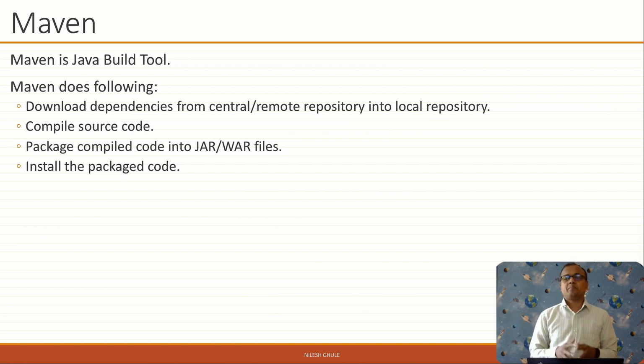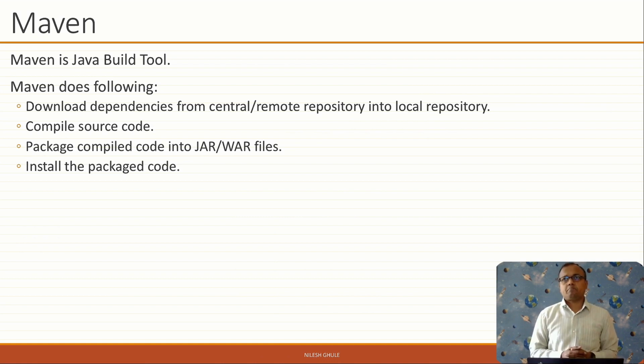Definitely Maven does that. Followed by that, it will also create a package, maybe a jar file or war file, depending on your application requirement, so that it is ready for deployment. And you can also share this packaged jar or war file with other projects on your system or with your colleagues.